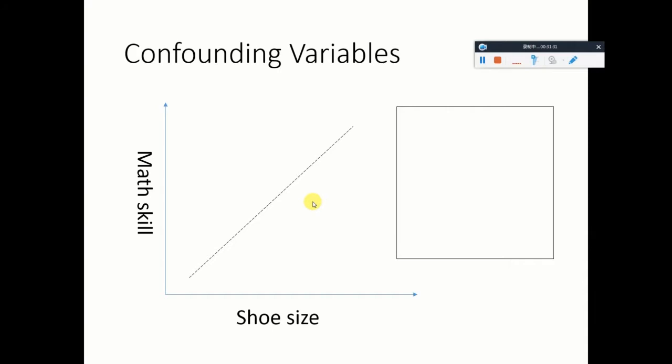Is there a third variable because of which shoe size and math skill become associated with each other? Okay, I'll give you a few seconds to consider, and you can pause before I announce the answer. The answer, if you're ready, is age.